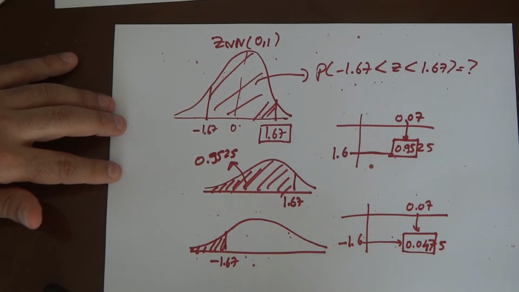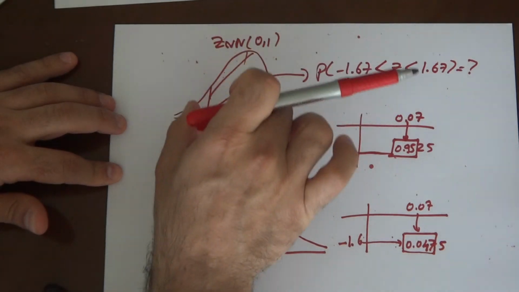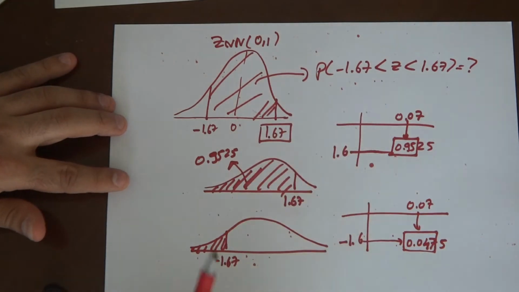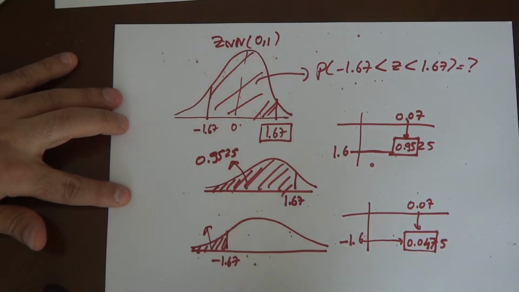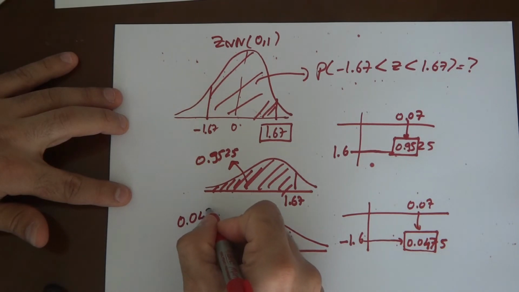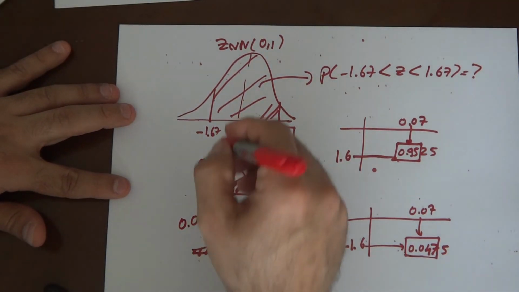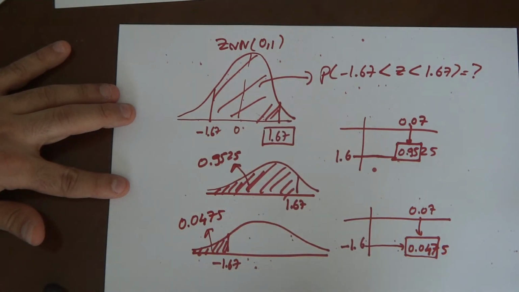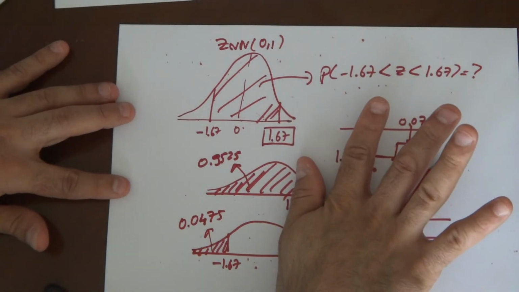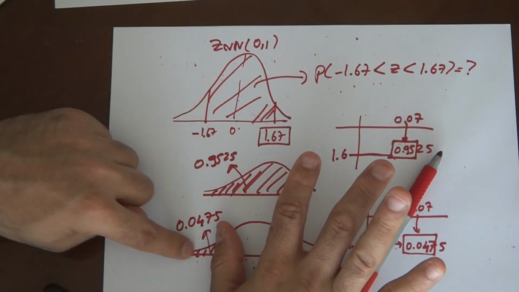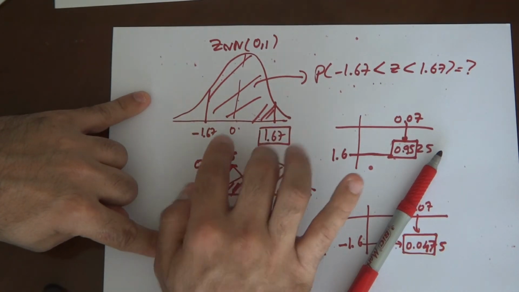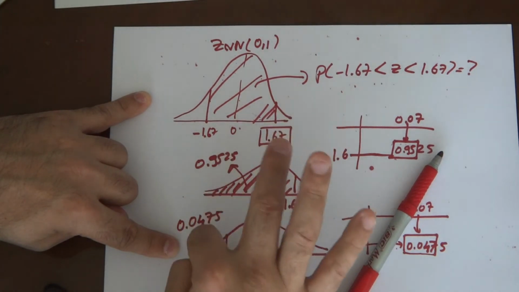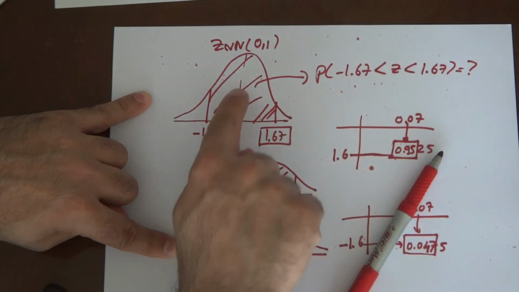Now how are we going to solve the problem? We are trying to find the area between negative 1.67 and positive 1.67. The difference between the whole area up to 1.67 and the area up to negative 1.67 will give you this area.